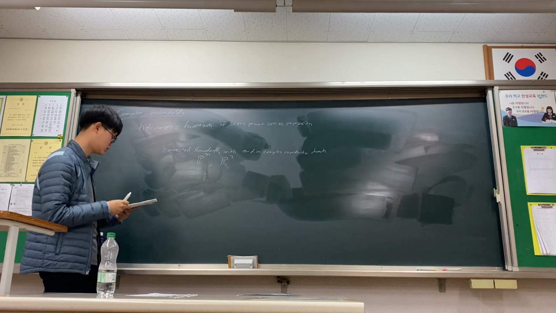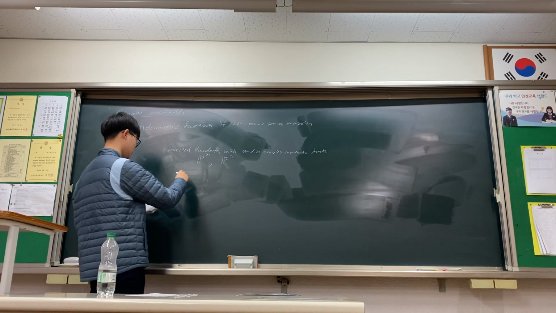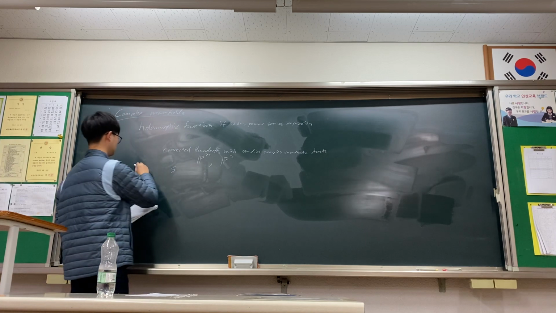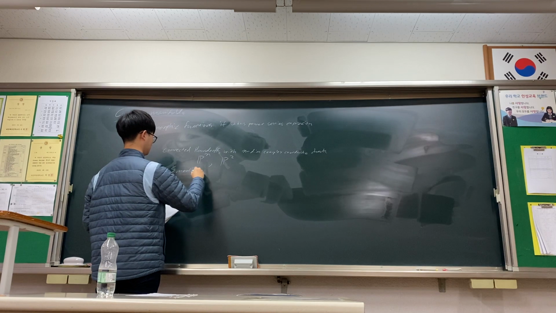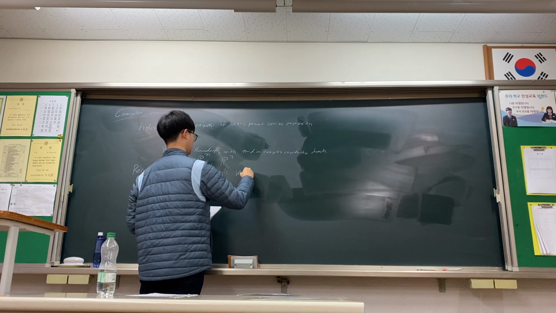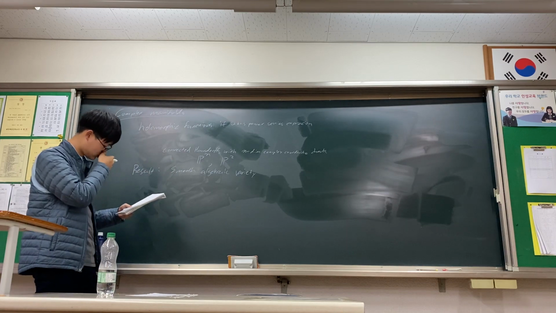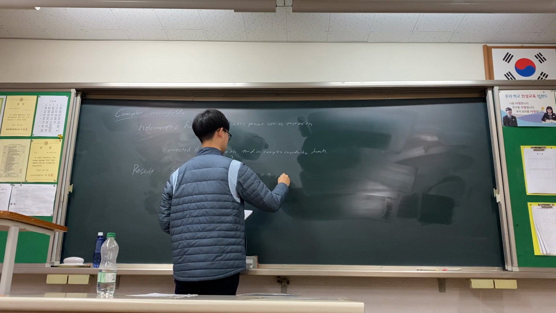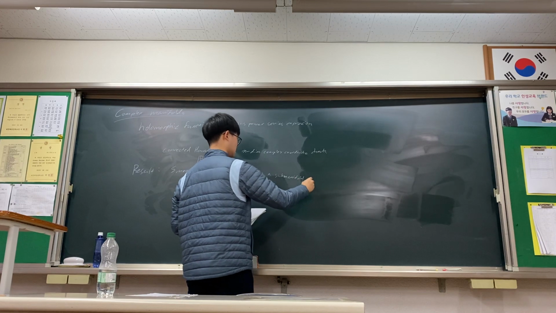Now, one result is that a smooth algebraic variety is a submanifold of Pn.